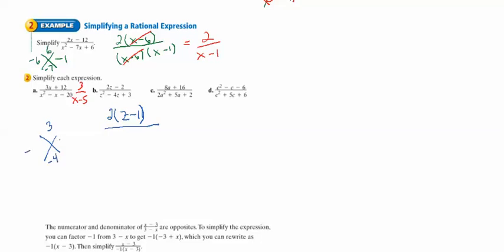I know they're both going to be negative, and one's going to be 3, and one's going to be negative 1. So I have z minus 3, and then a z minus 1. Okay, at this point, I can cancel those two quantities, and for my answer, I have 2z minus 3. And that's my answer for this one.